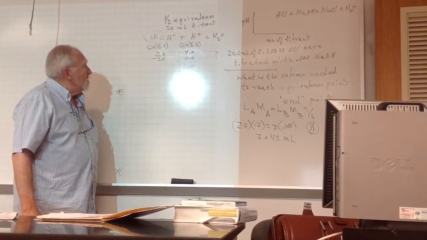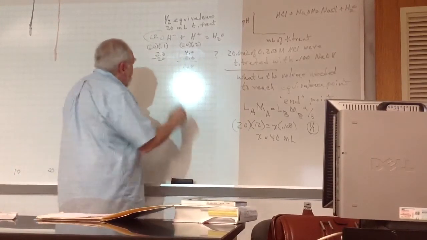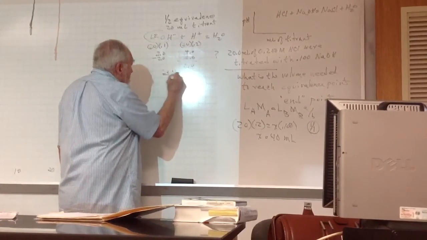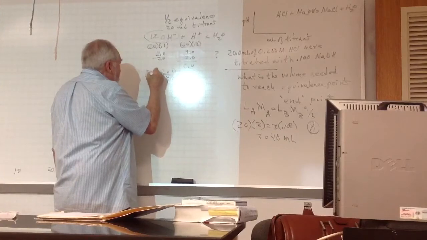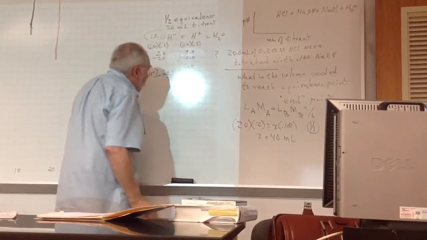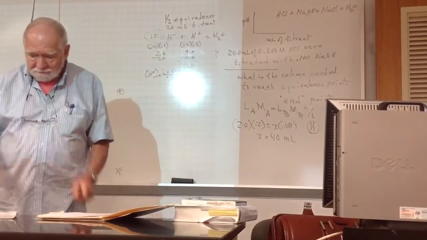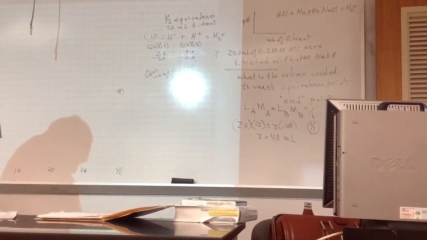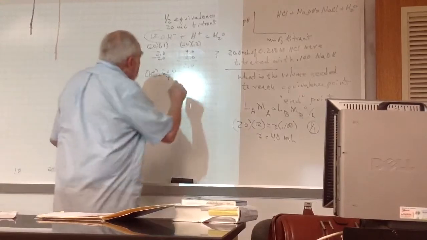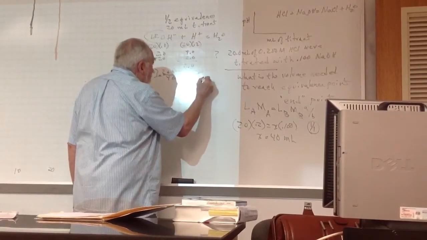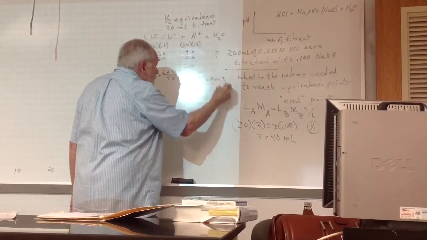And total volume is that's going to give me the concentration of hydrogen ion, and the pH. It's about 0.05 molar. pH is 1.3.